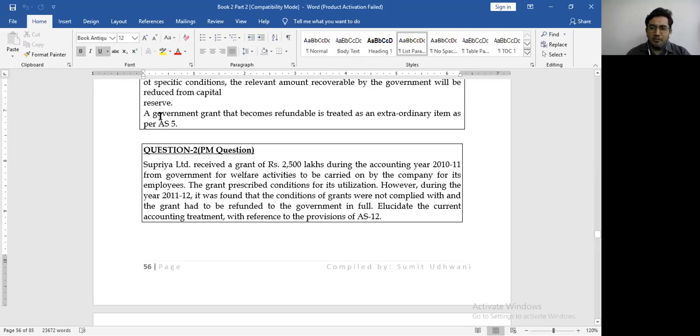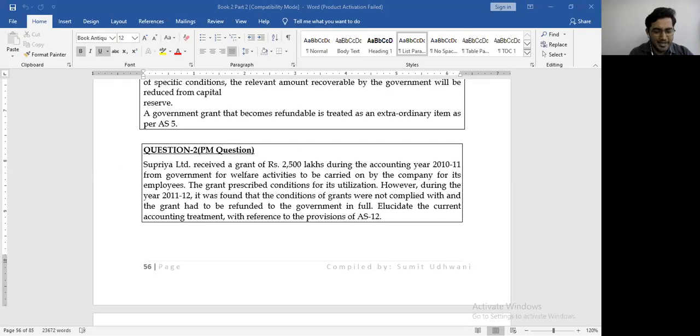You have received it for welfare activities, and welfare activities is nothing but your revenue expenditure. What did you do when you received the government grant? Either you credited the profit and loss account, or you reduced it on the debit side.